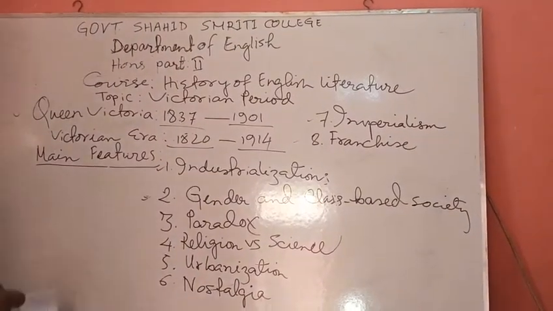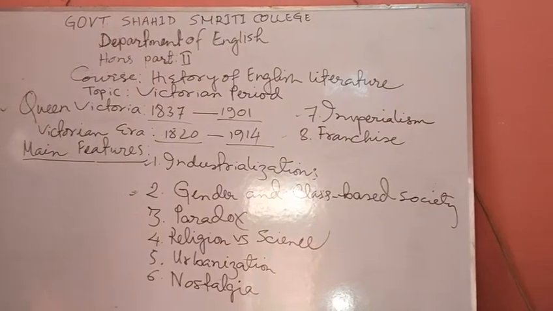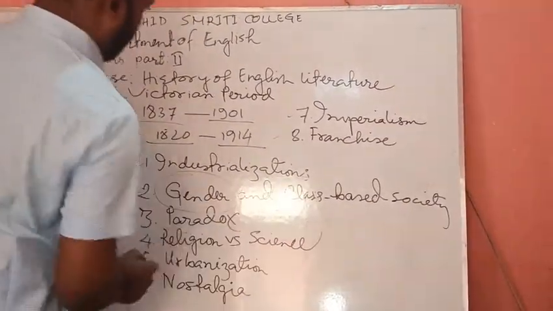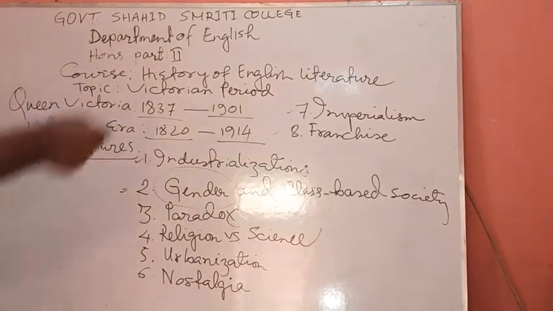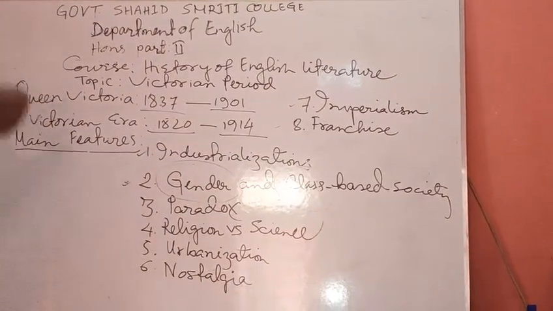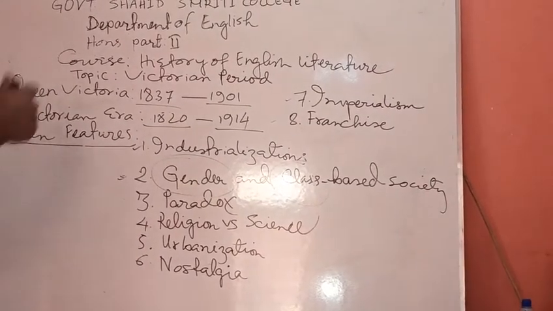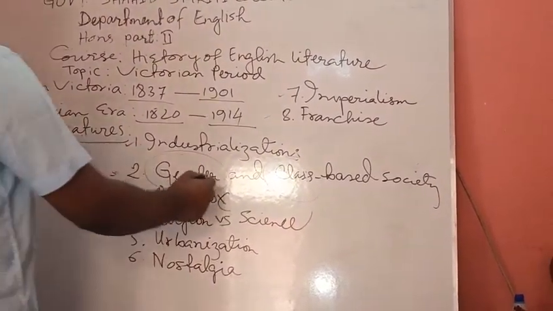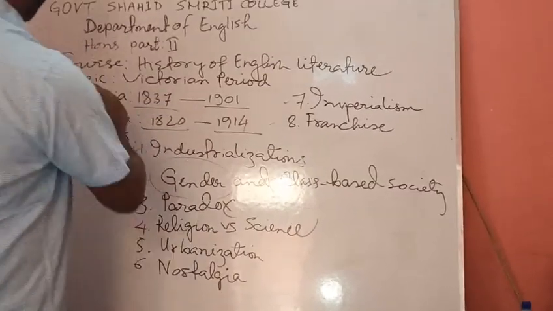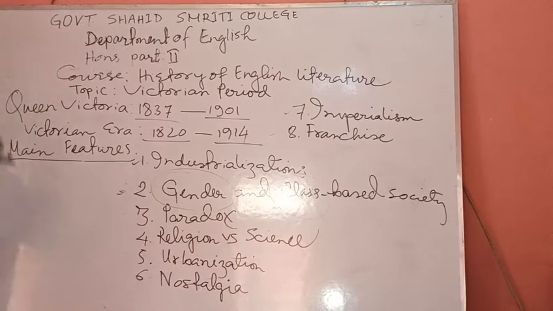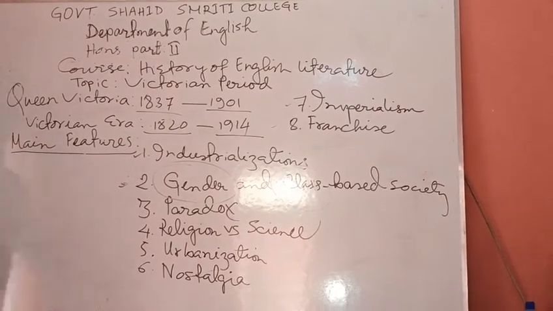Actually, gender and class, these are the two very important words that can be used to describe the age. How was the condition of women during the Victorian period? Let's know it in brief.